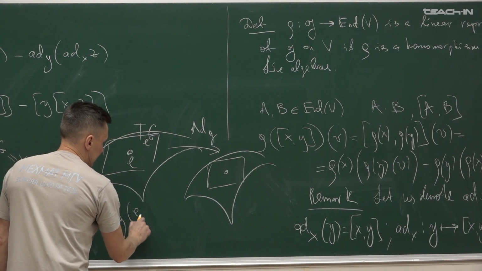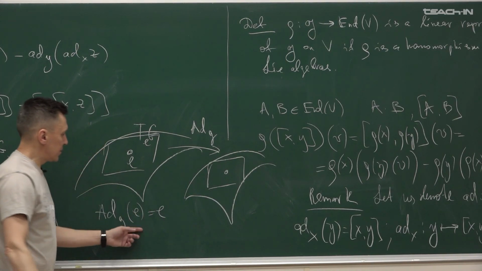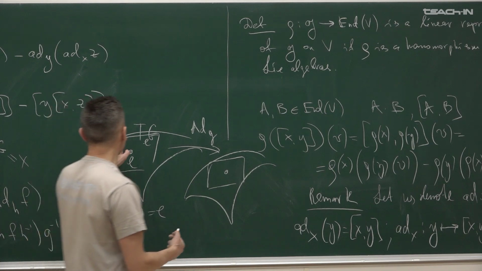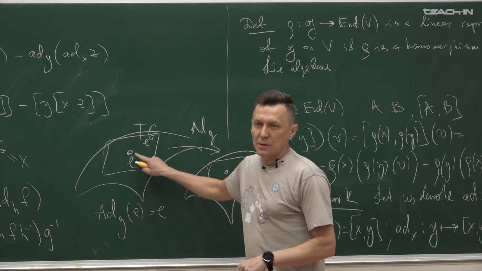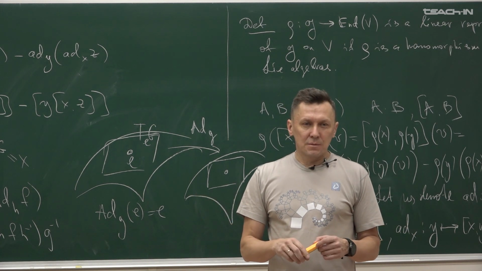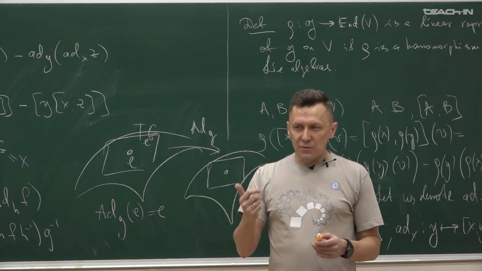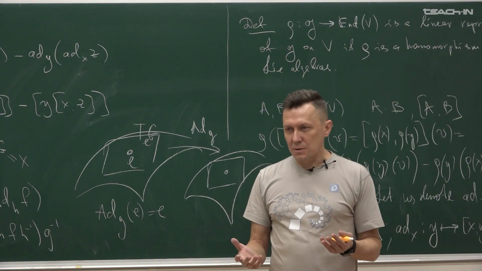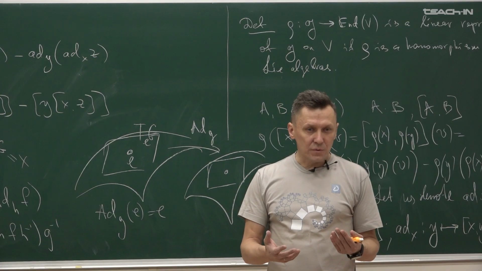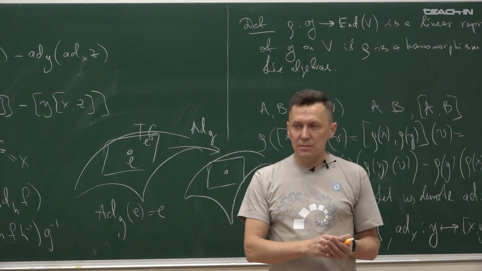My statement is that the image of the unit element is the unit element. So the unit element is a stable point of this map or the action. It means that the tangent space at the unity is mapped to the same tangent space. So the infinitesimal adjoint action of the group on itself defines the action of the group on its tangent space.